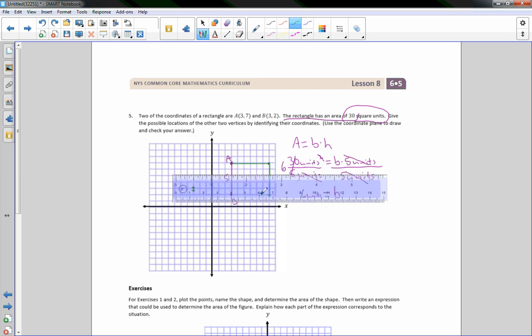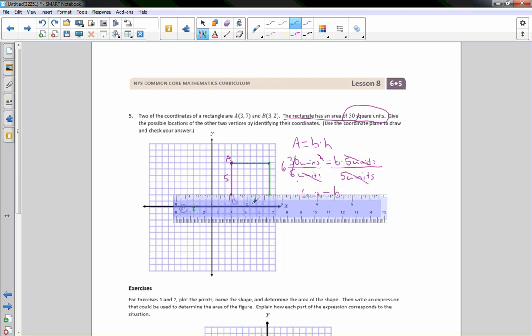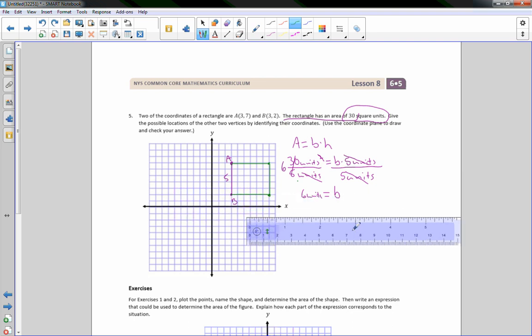Okay, there's the top, and there's the bottom. So there is a rectangle that is 30 square units. This is a distance of 6, this is a distance of 5, 6 times 5 is 30. I could take the time and count. There's 6 squares, 12, 18, 24, 30.